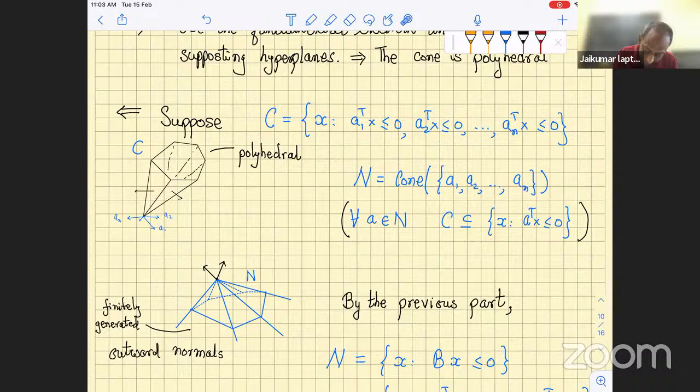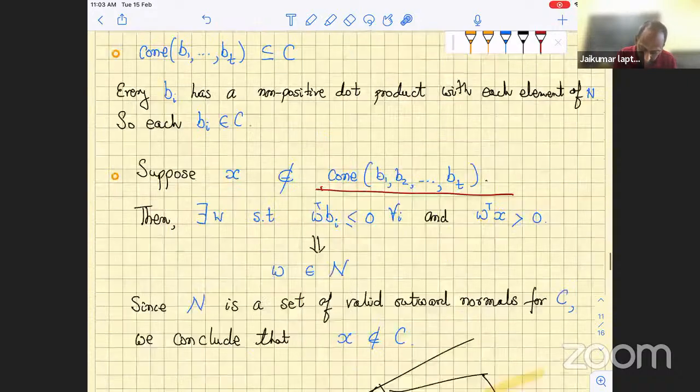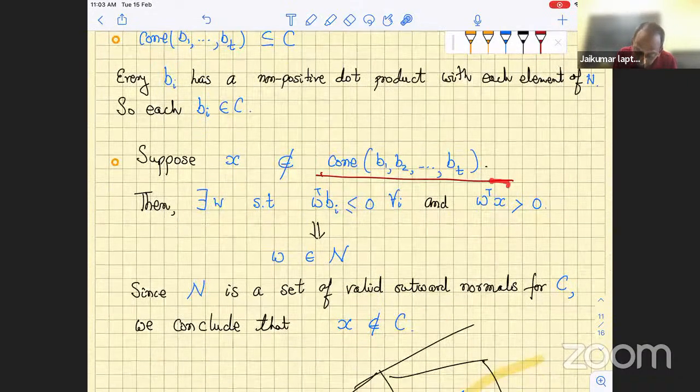So this element X, the pretender, unfortunately has a positive dot product with an element W in the cone N, but every element of N is supposed to have non-positive dot product with every element of C. So this X could not be in C.